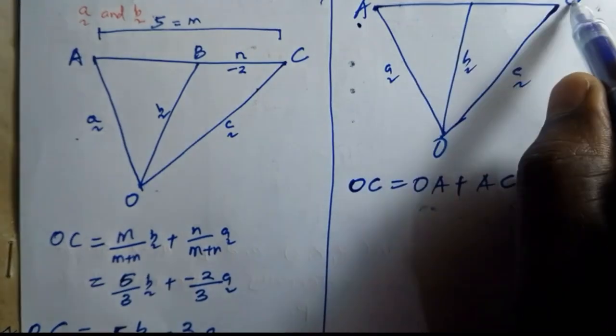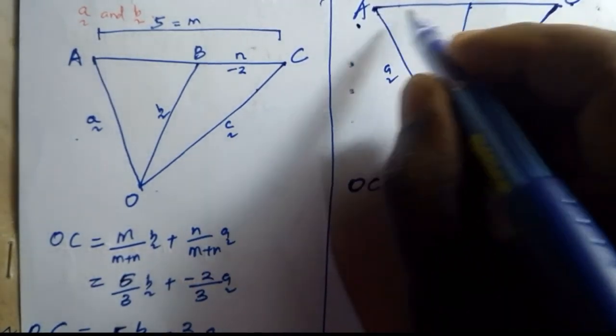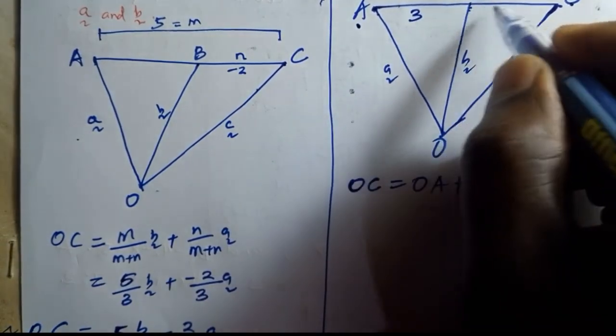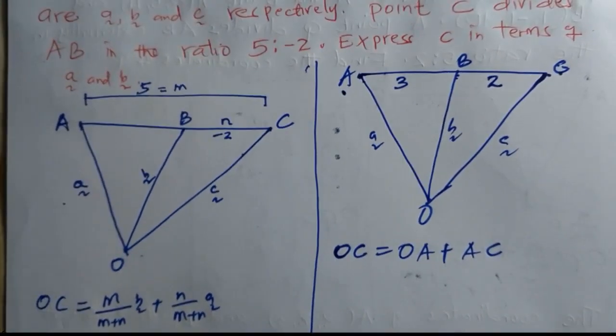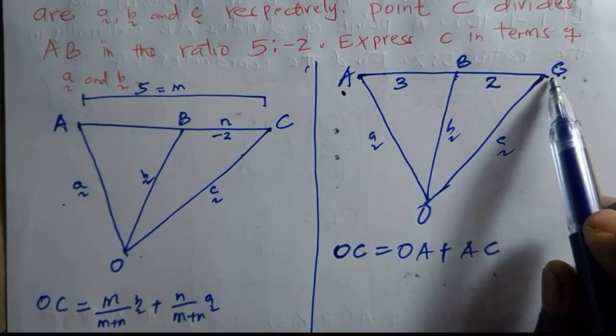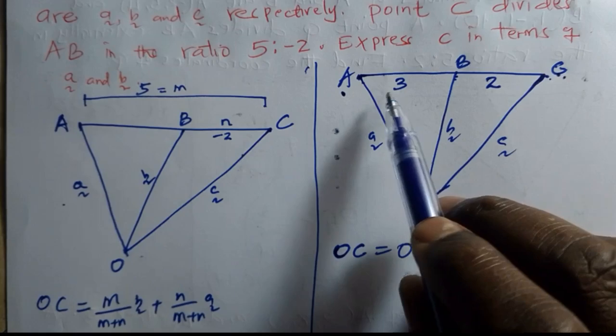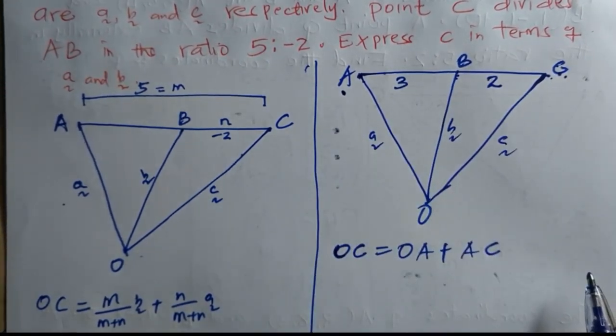From here up to here is 5. From here up to here is 2. So from here up to here is 3. From here up to here is 5 units. From here up to here is 2 units. Therefore, here is 3 units. Here 2 units to make a total of 5. That is what we know.